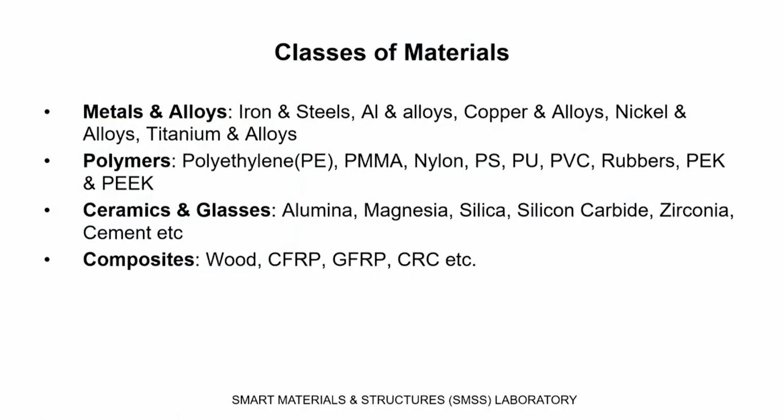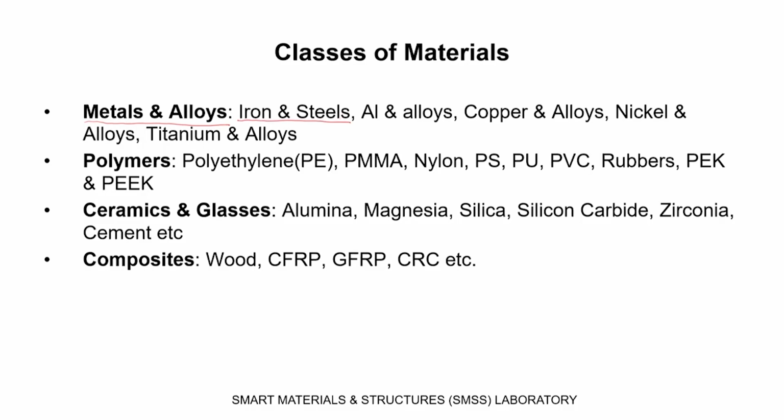So, first important point is that we have to be aware of the different classes of materials. Like I told you, the very first important class is the metals and the alloys, and there the most important group that has been used for centuries is iron and steels.